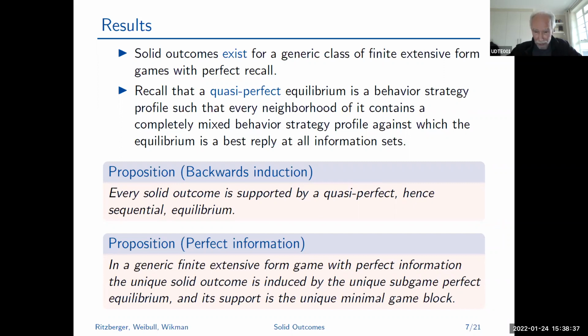That unique solid outcome coincides with the outcome induced by the unique subgame perfect equilibrium. And the unique solid outcome is supported on a unique minimal game block. So that works very nicely. Everything becomes unique when you are in generic perfect information games. And it's consistent with the old idea of Kuhn's algorithm, subgame perfect equilibrium.